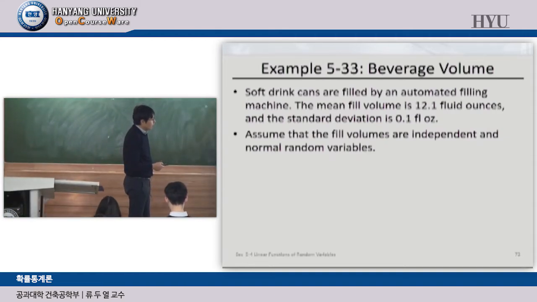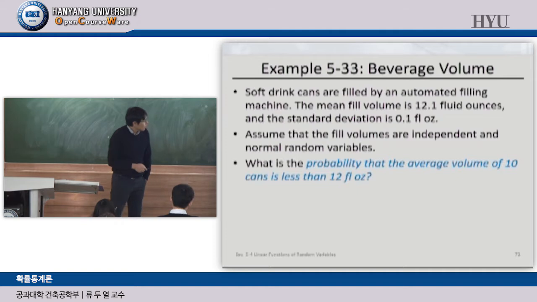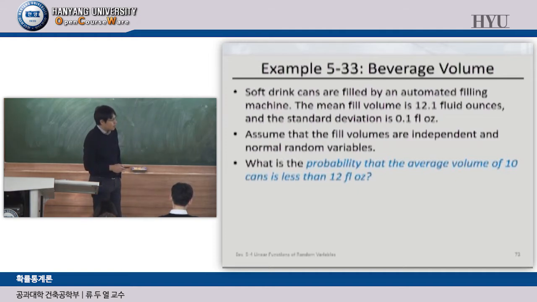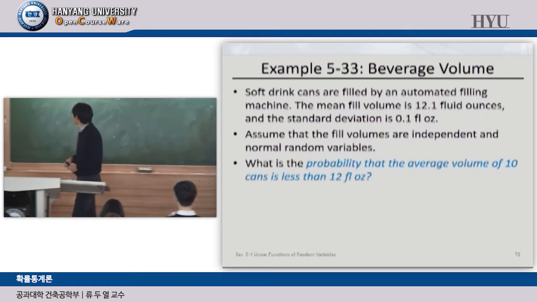And also the fill volumes follow the normal distribution, which means that the fill volumes are normal random variables. This is the assumption. For this case, what is the probability that the average volume of 10 cans is less than 12 fluid ounce? That is the example.